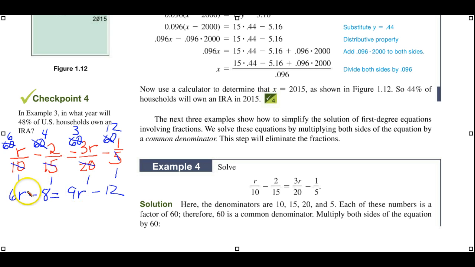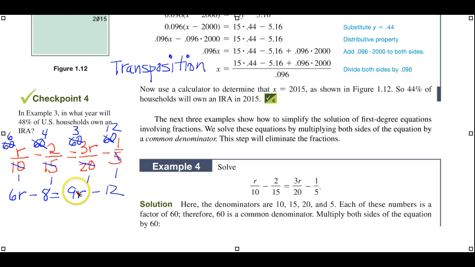Now that technique of moving a term from one side to the other, which we call transposition, say we transpose something from one side to the other, it just changes its sign. So here we're subtracting 6r.